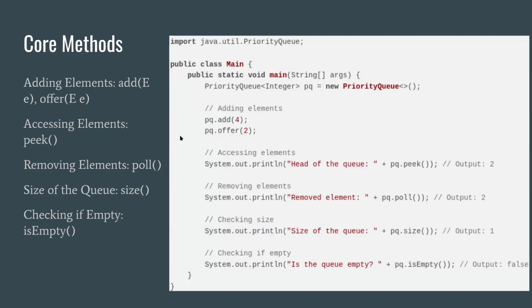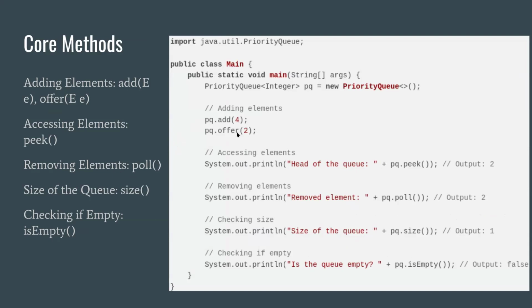Core methods. So we're going to look at some core methods provided by the priority queue class. In order to add elements to the queue, you can use add method or offer method. So both methods insert the specified element into the queue.